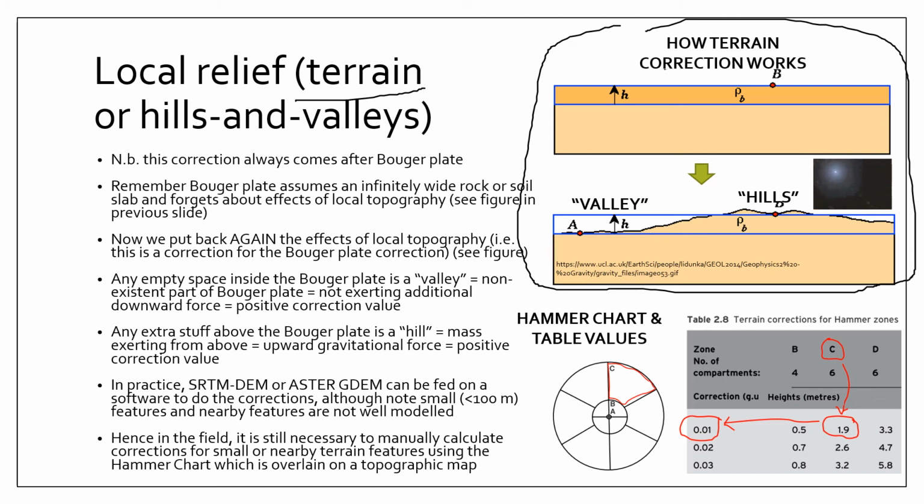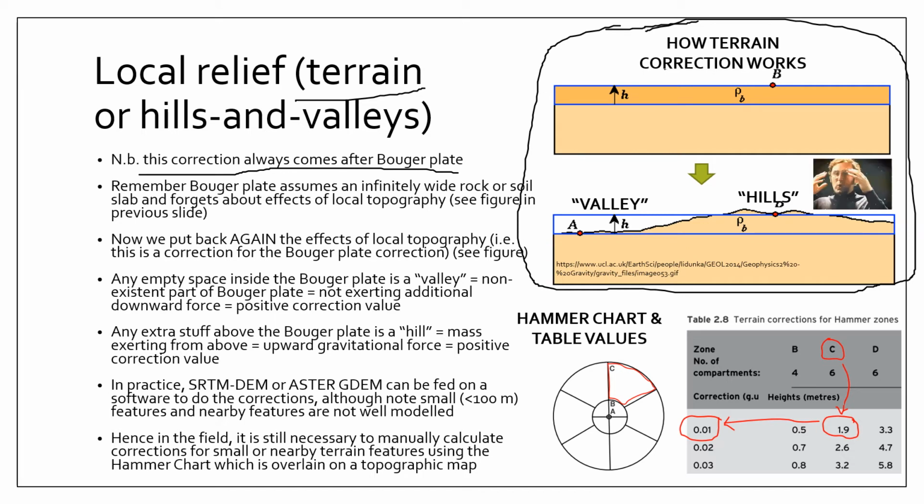Okay, so we try to reverse the simplification done previously in the Bouguer plate correction. Right, so remember that this correction is always done after the Bouguer plate because obviously it's a correction for the Bouguer plate correction. And remember that the Bouguer plate correction assumes that the slab of rock or soil is infinitely wide and this is a slab.